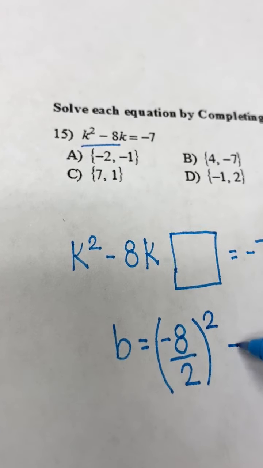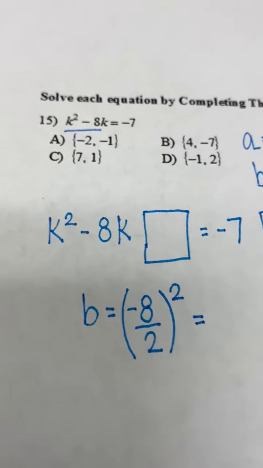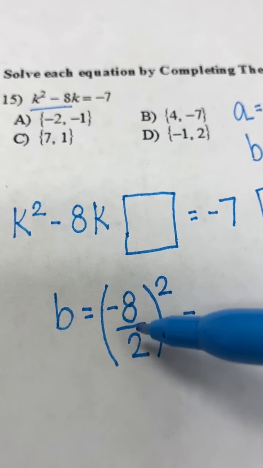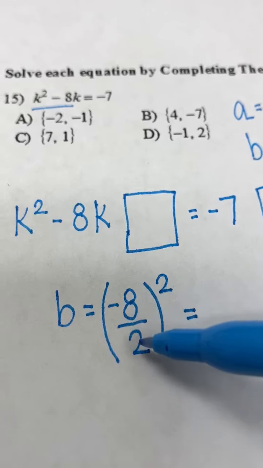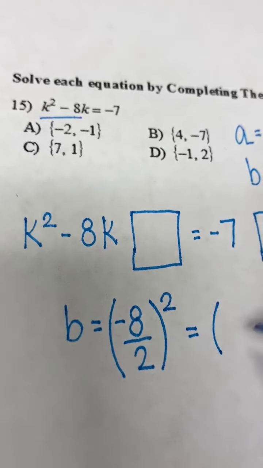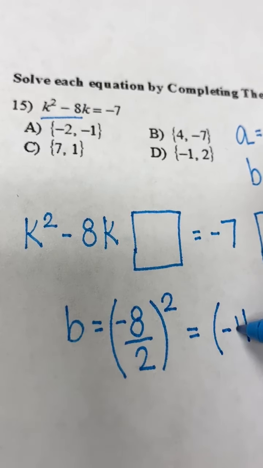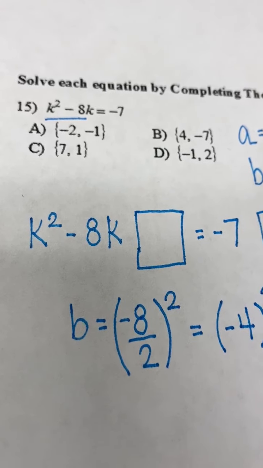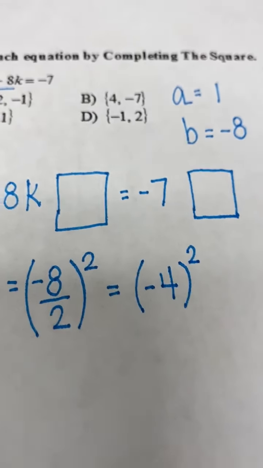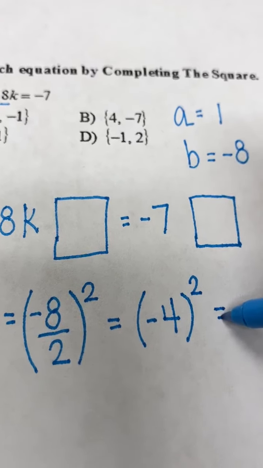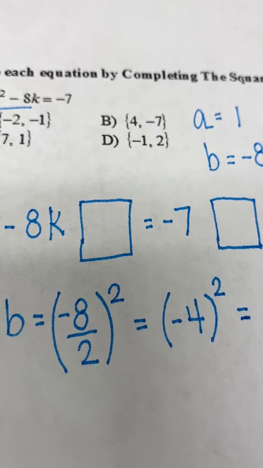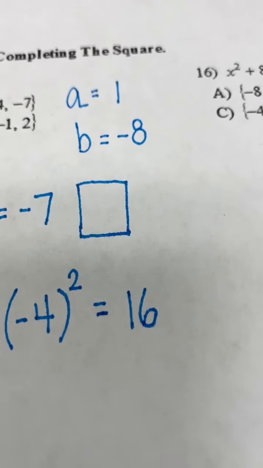I'm going to take it step by step. I'm not going to use my calculator to give me the final answer. I'm going to work out what's in parentheses first, and I'll tell you in a little bit why. So it is going to be -4 squared. Keep that -4, it's going to help you in a minute. And -4 times -4, of course, gives me 16.